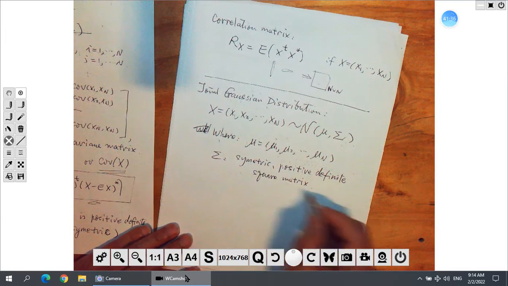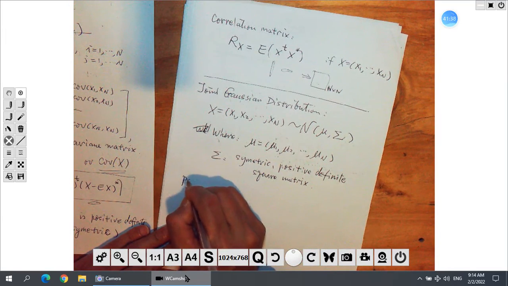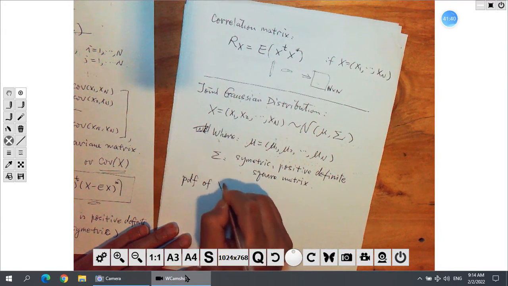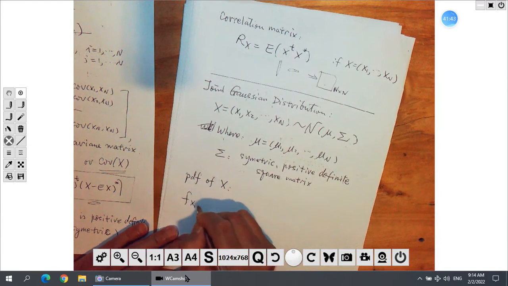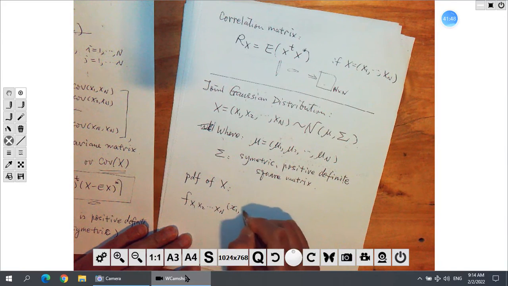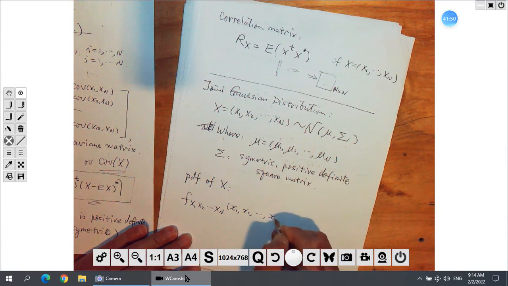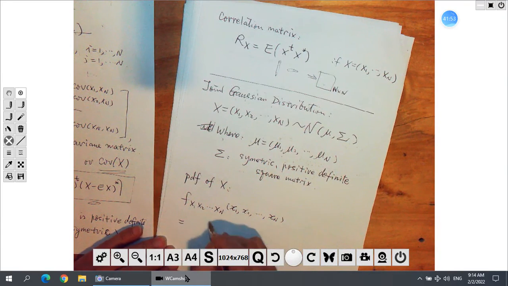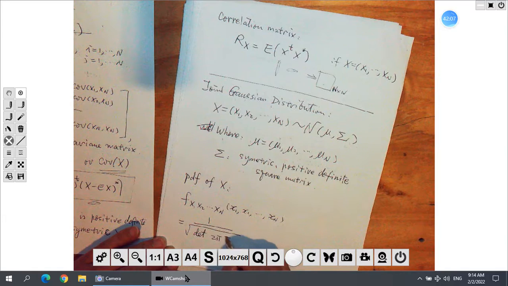And the density function, the PDF of x, f of x1, x2 until xn, is 1 over the square root of the determinant of 2 pi times sigma, like this.